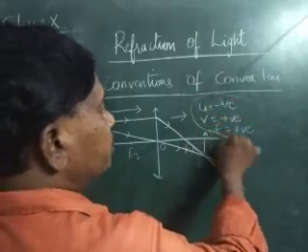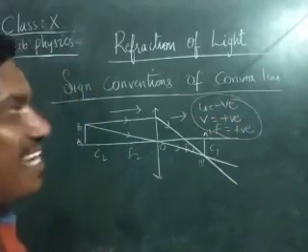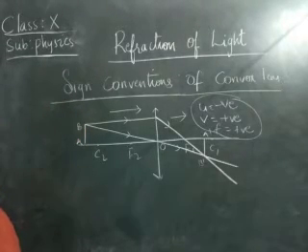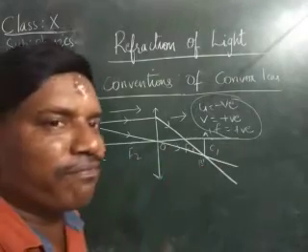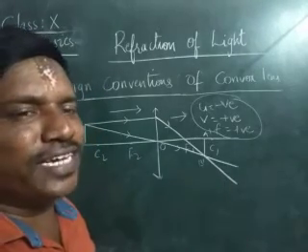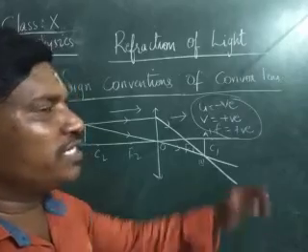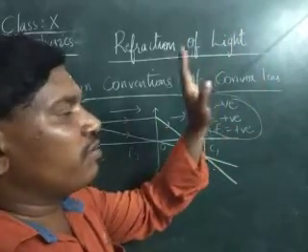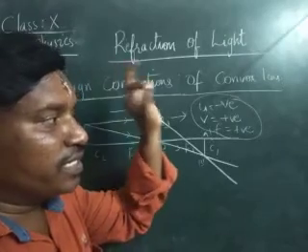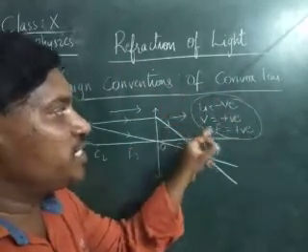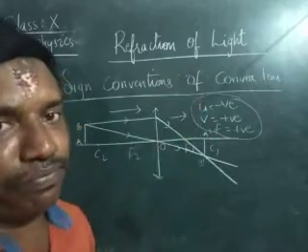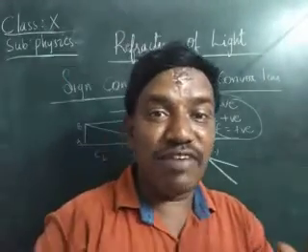Therefore, for a convex lens, u is negative, whereas all the remaining are positive. Whereas in the concave mirror, all are negative: u is negative, v is negative, f is negative. But in the convex mirror, you should concentrate more over here. The sign conventions of convex mirror and convex lens are both the same. Properties are different, children.